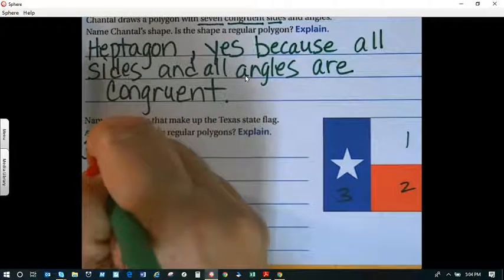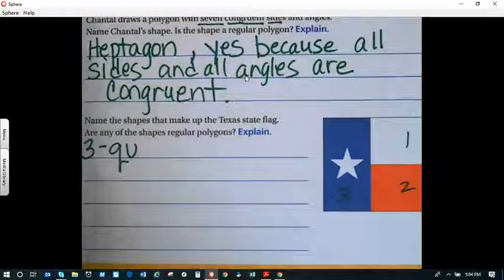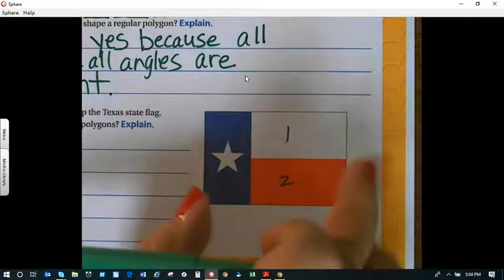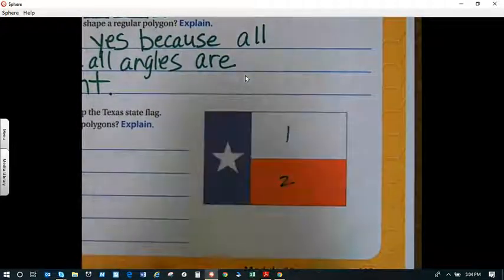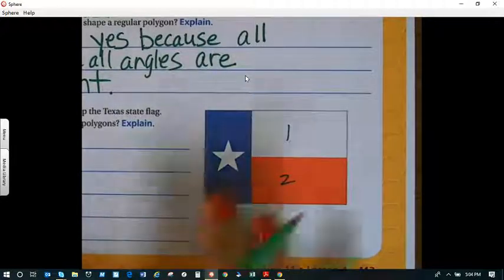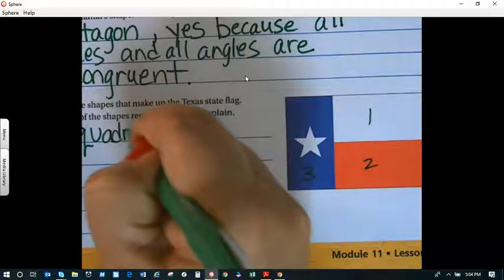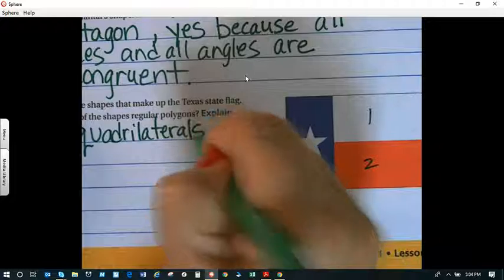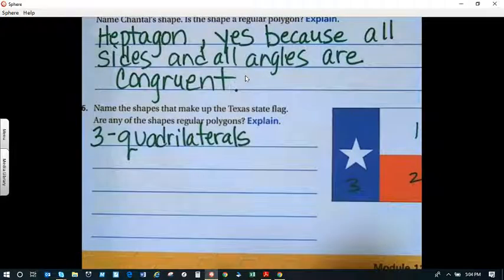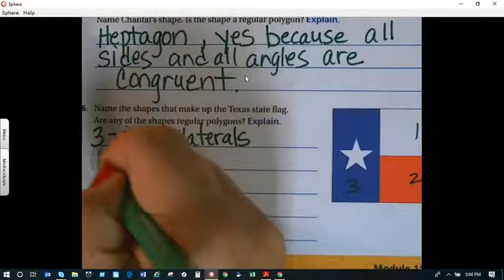So I have 3, and if you wanted to say 4, but it's saying name the shapes that make up, so you can't use 4 because the 4th one, this whole thing, is the Texas flag, and I needed to see what makes up the Texas flag. So I need to have 3 quadrilaterals, and I need 1 more.